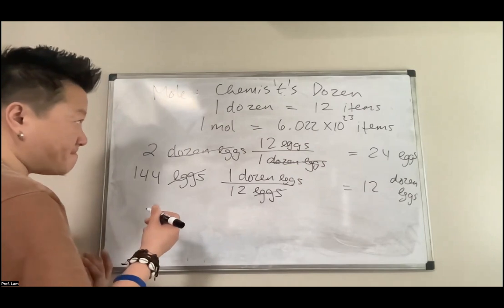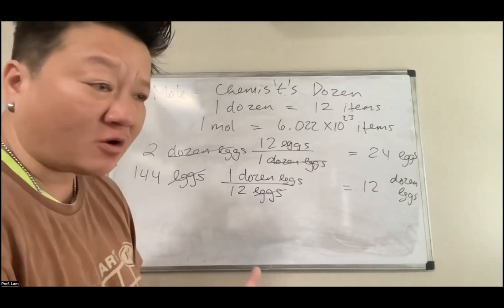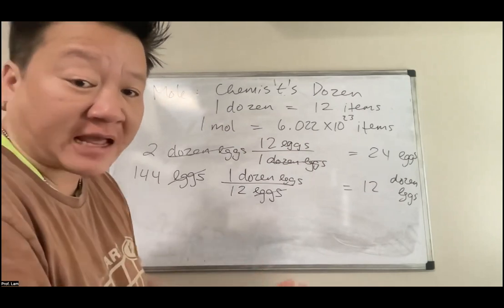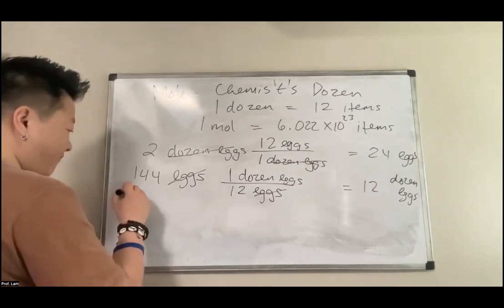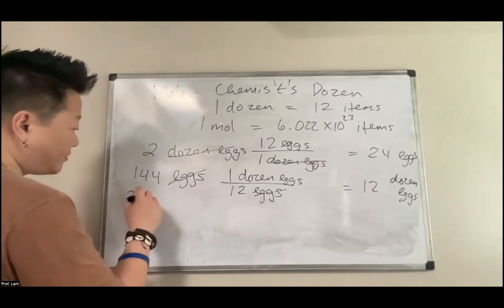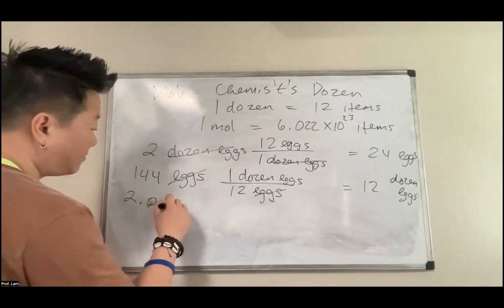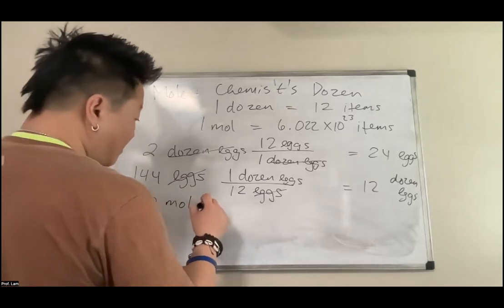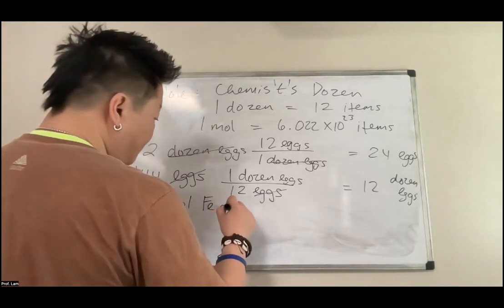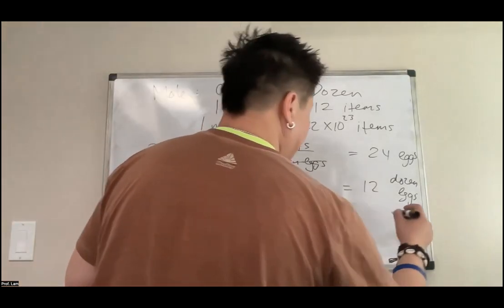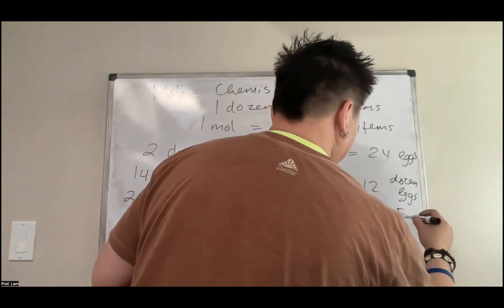So let's say, since in chemistry is when we use mole, let's switch over to, instead of eggs, iron, right? Atoms of iron. So let's say I have 2.0 moles of iron atoms, and I want to know how many iron atoms that is.